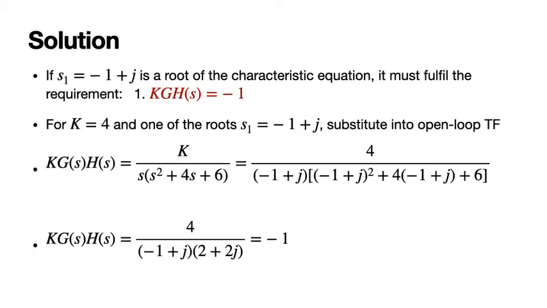First I solve for k equals 4, and then I will have this equation, 4 over s squared plus 4s plus 6. If you solve for the roots, it will be this one.